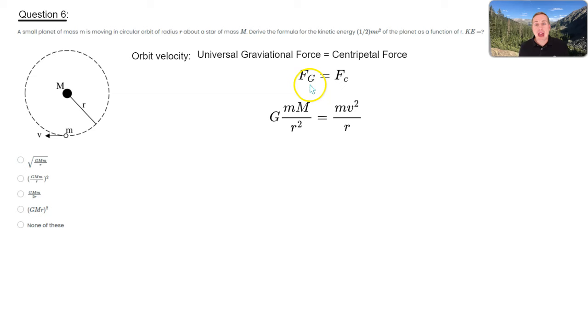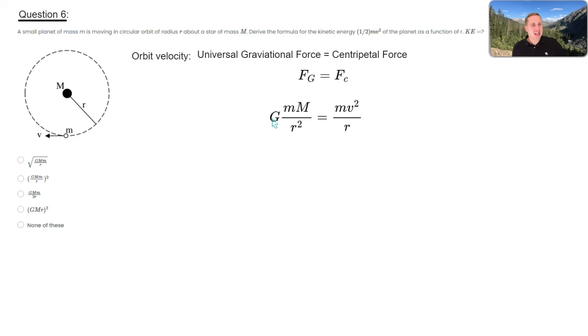So we have F subscript G, the universal gravity force, equals F sub c, the centripetal force. And notice we get Newton's universal law of gravity. So we're assuming Newtonian gravity here. We're not having Mr. Einstein enter the room right now.